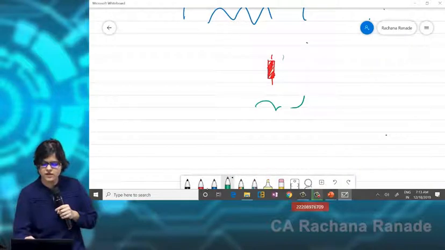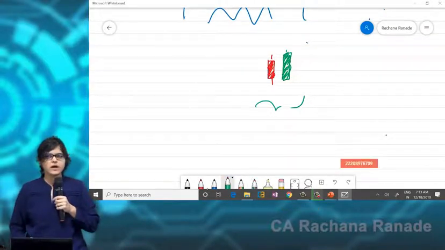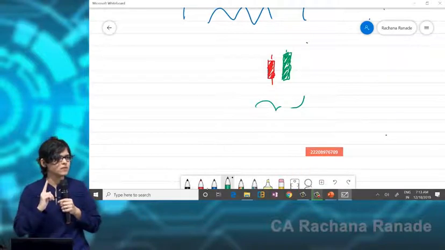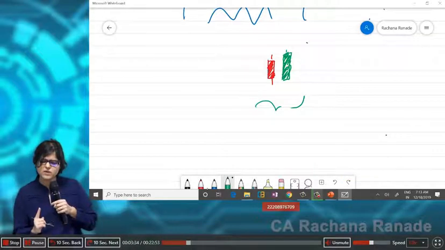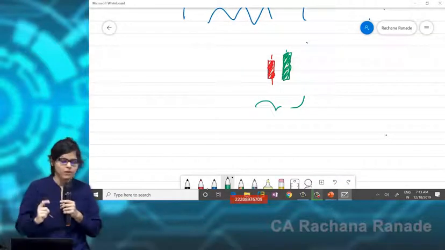Had this engulfed something like this, what has happened? Tell me. Almost of similar height, number 1. Is the second candle seeming to be very much powerful as compared to the first one, or more or less similar power? More or less similar power, number 1.